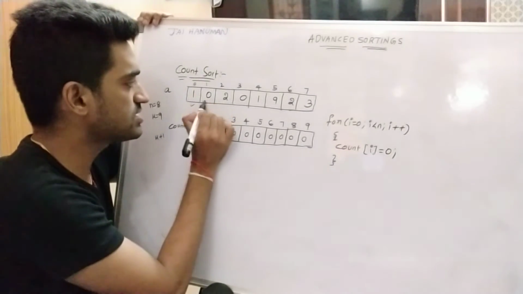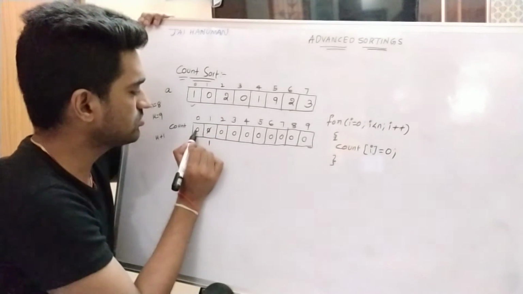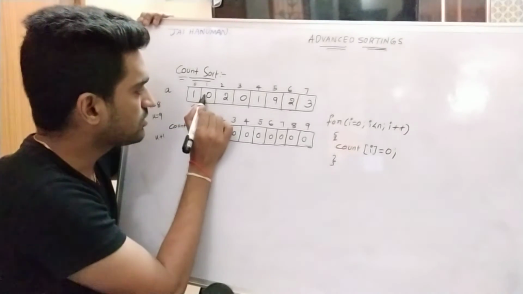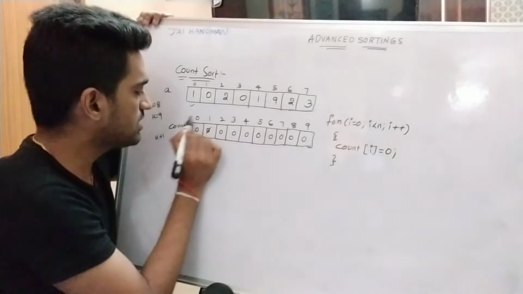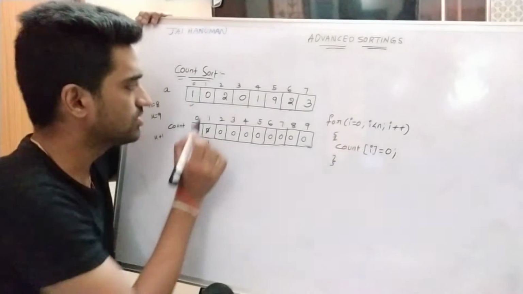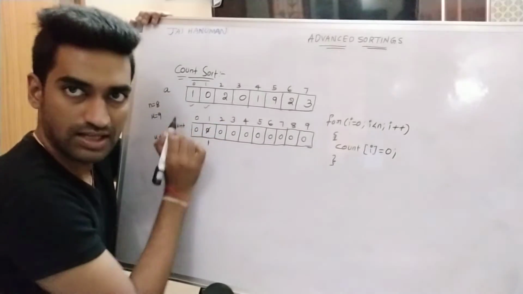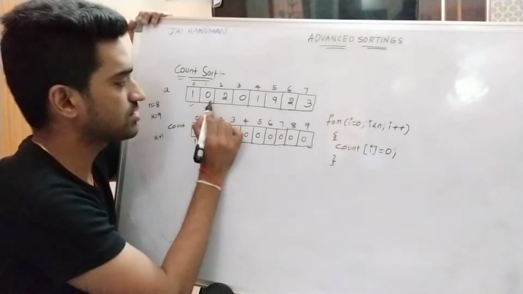First position. What is the element? 0. The element becomes the index in the count array. So 0th element, go to the 0th index, then incremented by 1. This is also completed.